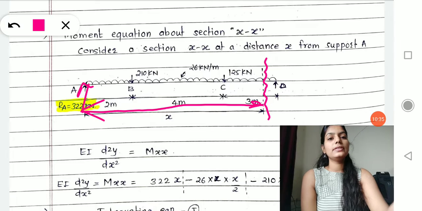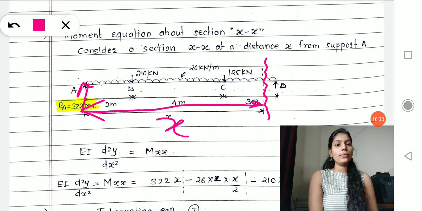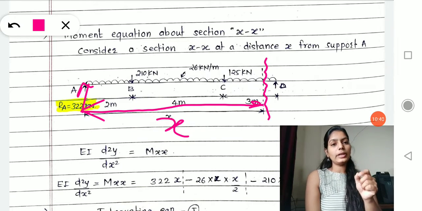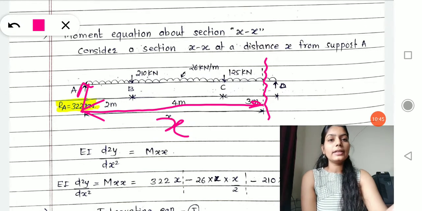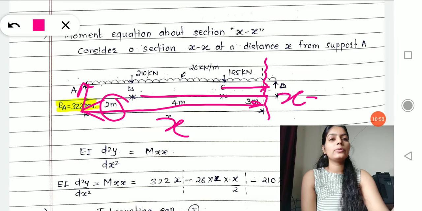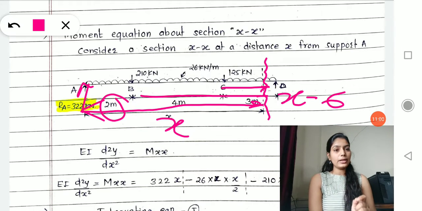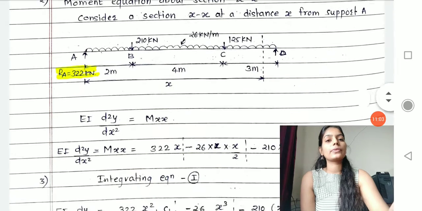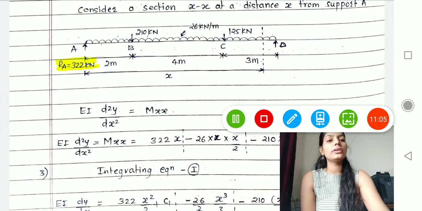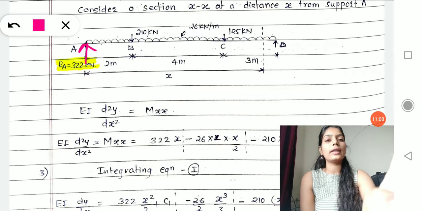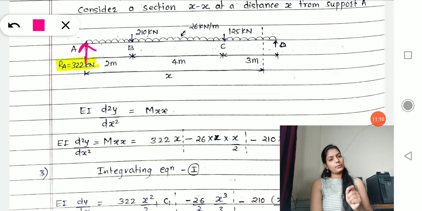Next is 210 and 125. Those distances you have to remember. That distance will be here to here, total x minus 2, and from C to section will be x minus 2 plus 4, 6. Remember how to take it? Yes. Now I have also mentioned the reaction RA, which is required to develop the moment equation.